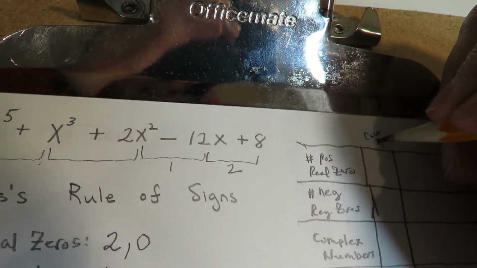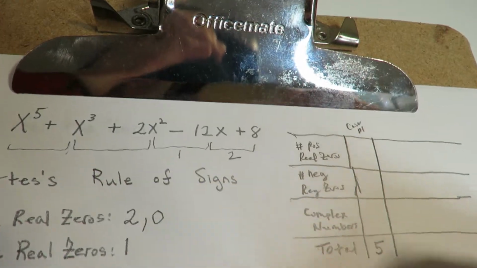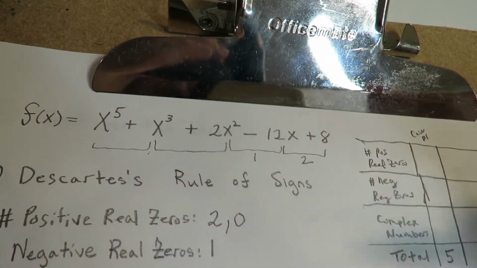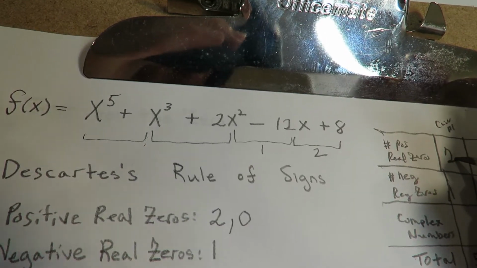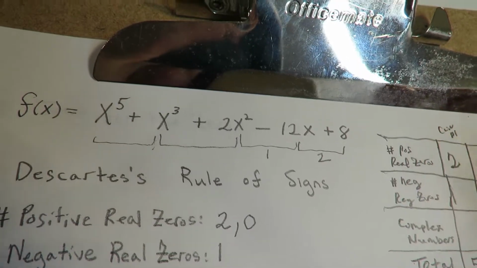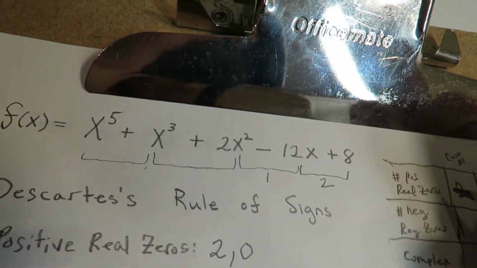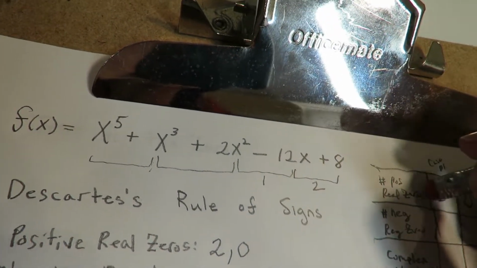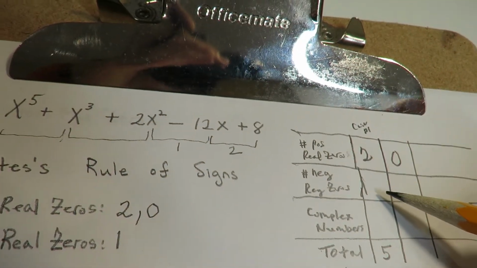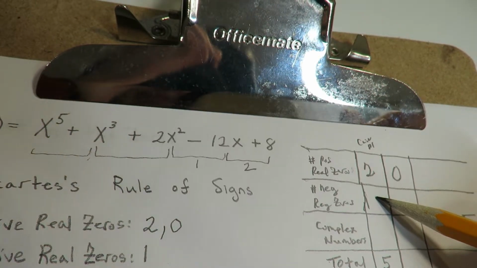Okay, so for case 1, we know this has 5 answers. So what's one way that the 5 answers could happen? So for instance, I know that I could have 2 or I could have 0 positive real zeros. Now, in the case that I have 2 real zeros, how many negatives will I have?